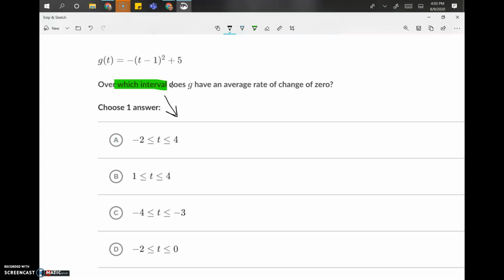You could define it as the piece of the graph that you're evaluating, and that piece is always given to you in x values. Cool. And we're looking for the average rate of change, which is an important word. We talked about that a minute ago. This is the slope of those points, and we're looking for when that slope is 0.